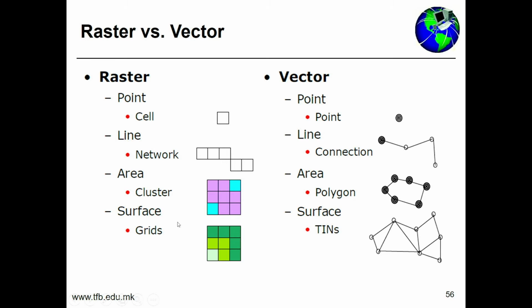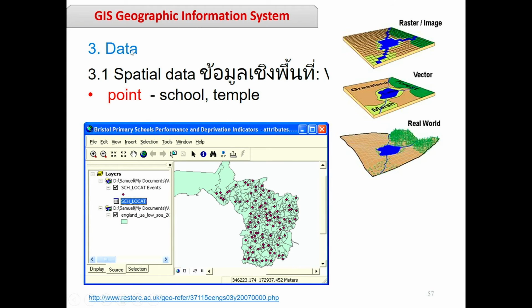For spatial data, a point represents something like a school, a university, a church, or a temple, just one point, like a school location.